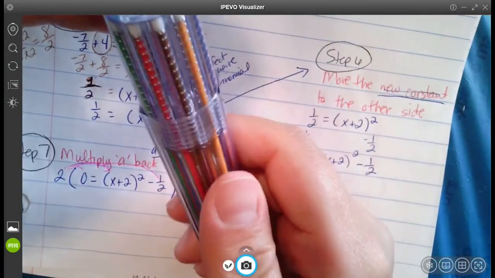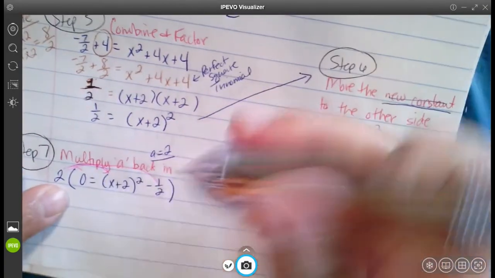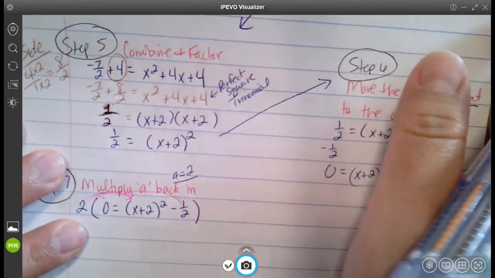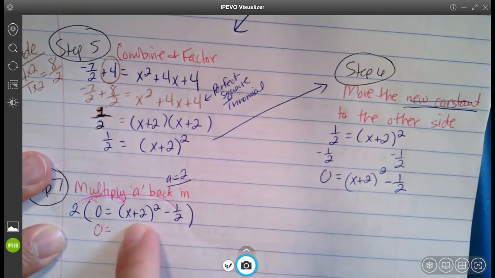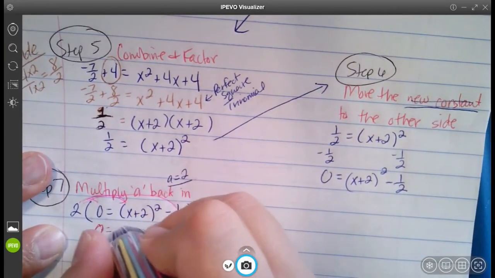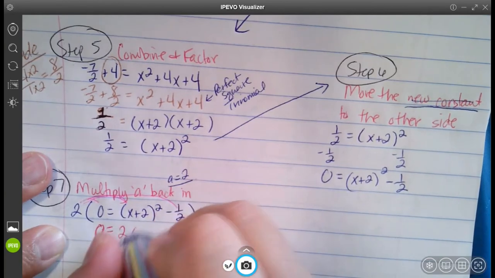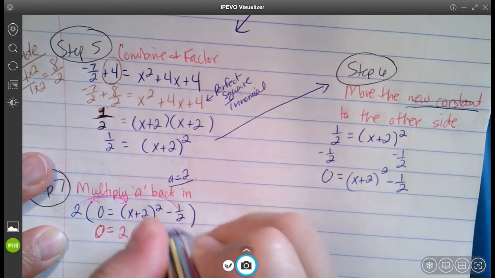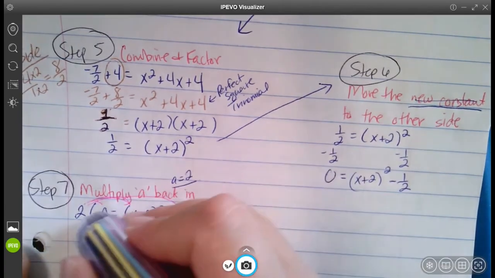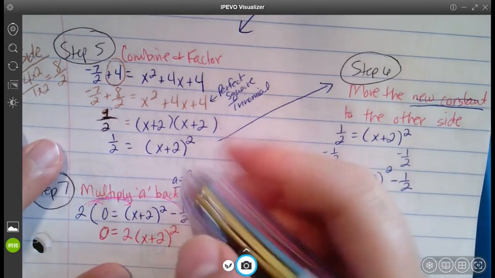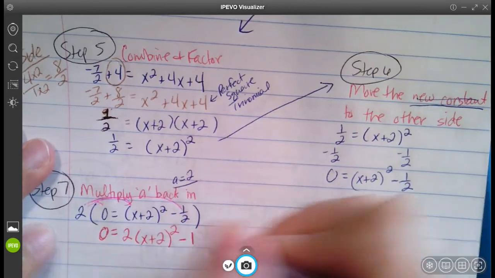And that is going to give me the following. 2 times 0 is just 0. 2 times all of this, I can just put in the front, because it becomes a vertical stretch at that point. And then 2 times 1/2, you're thinking 2 halves gives me 1, so minus 1.